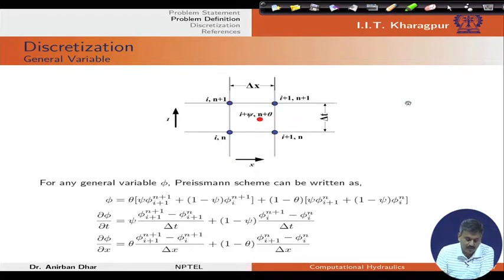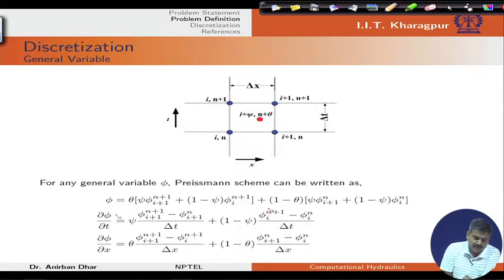So, for any general variable phi, this Preissmann scheme can be written as, for phi we have this i plus 1 n plus 1 value, and i n plus 1. So, a weighted addition between these two.